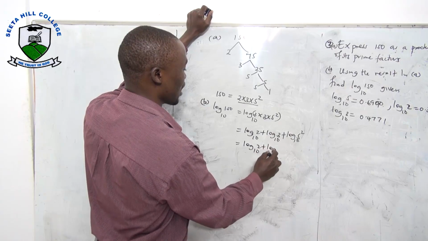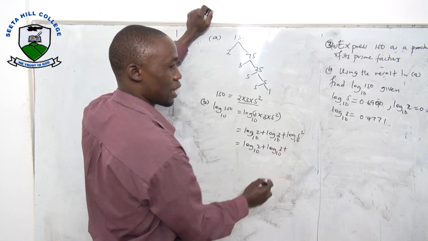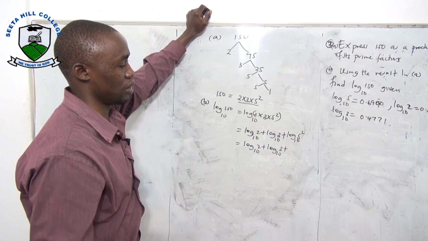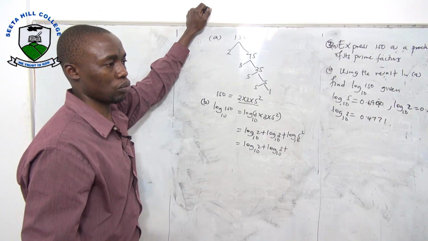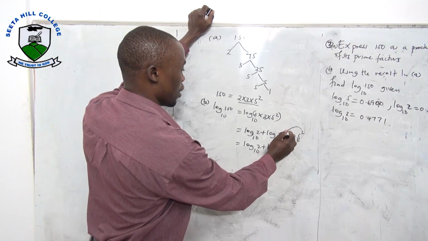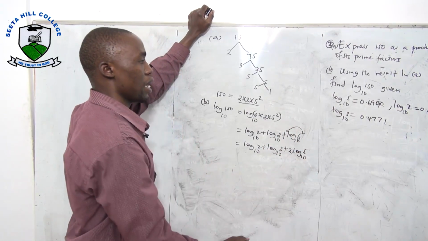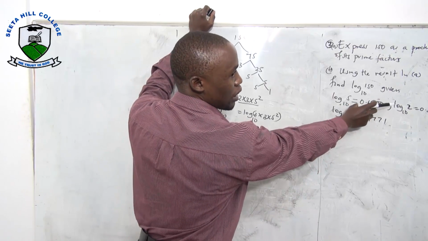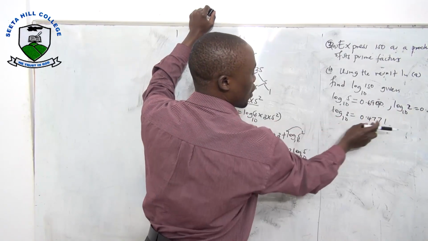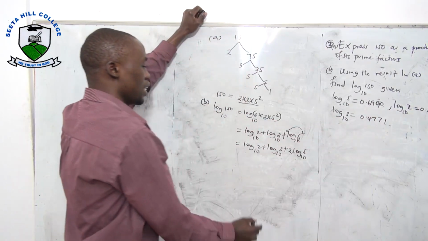So what is the next step I should conduct? I should bring this one here, so it is 2. Now look here. Log 5 was given, 2 was given, 3 was given. Feed in and add.